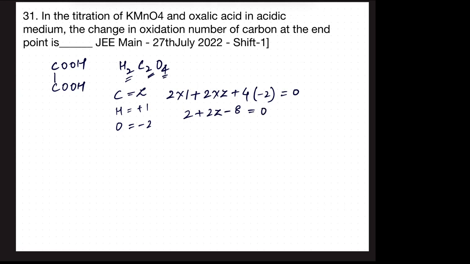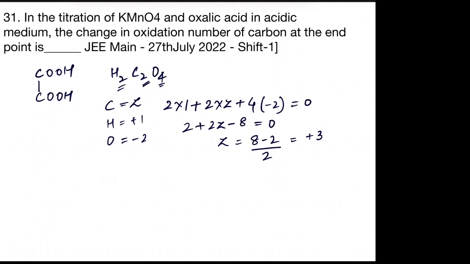Solving, Z will be equal to 8 minus 2 divided by 2, which is equal to +3. So the oxidation state of each atom of carbon in oxalic acid is 3. Now when oxalic acid is treated with KMnO4 in acidic medium, oxalic acid changes to CO2.